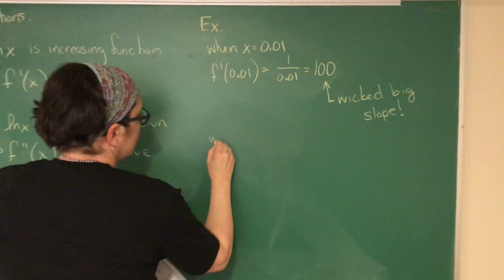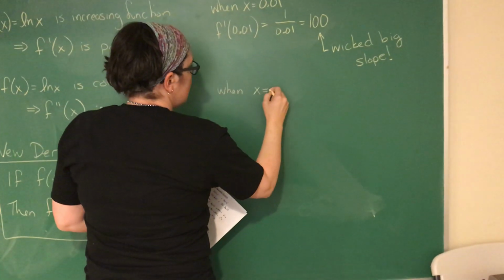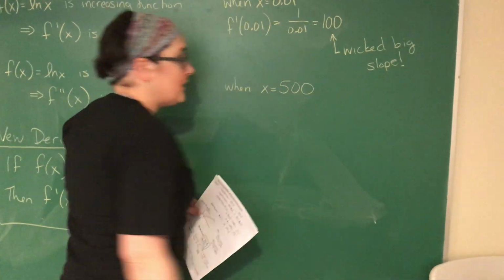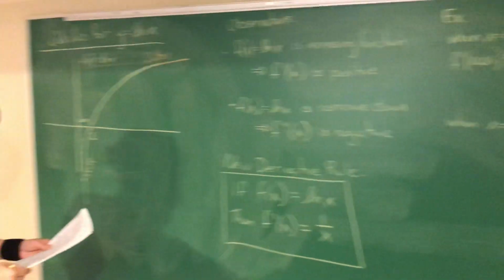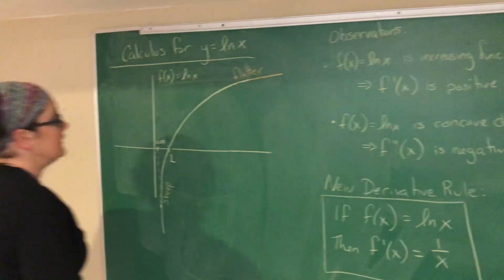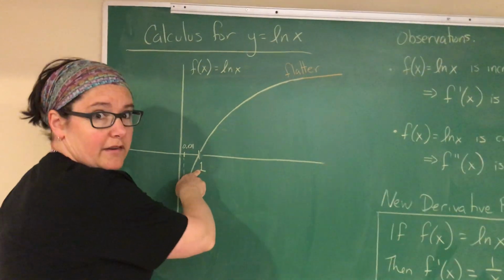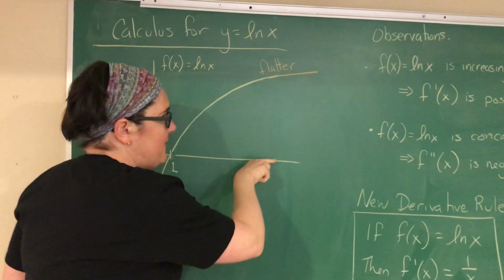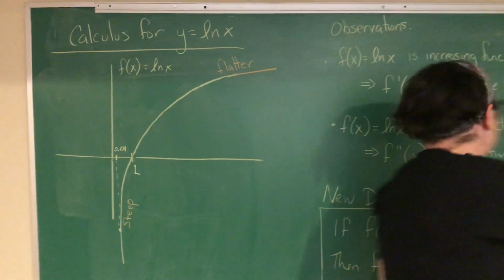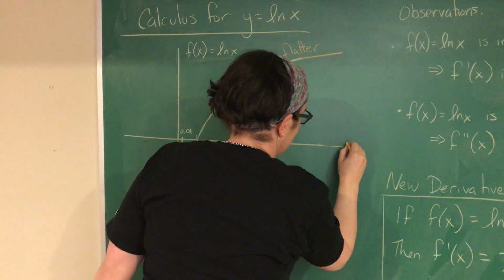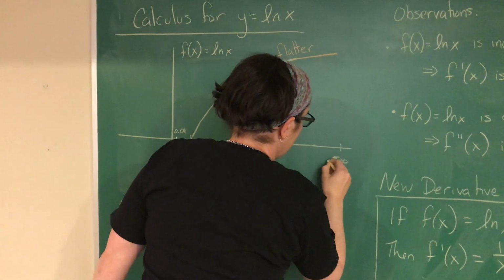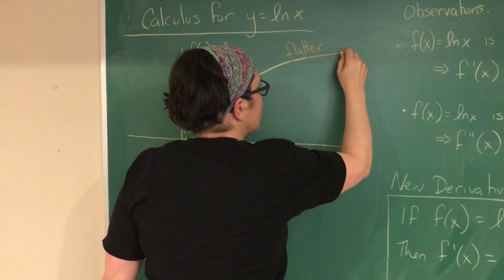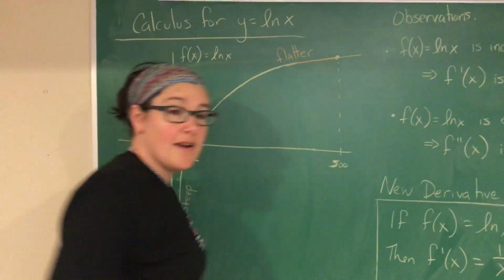On the other hand, if I choose some really big x value, like x equals 500, let's say, so now here's 1, and 500, well, it's not really drawn to scale. 500 is probably way over here, but that's okay. I'm going to put it right about here. So here's 500. If I go up to the graph over here, our graph is very flat.